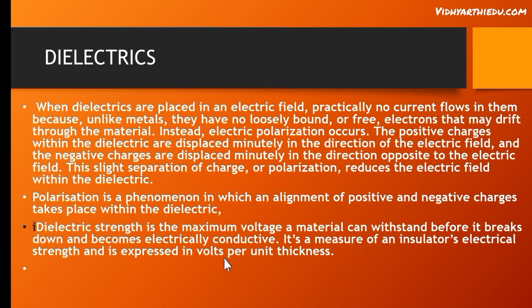But when we apply more voltage for some time, the dielectric will break down and act as a conductor, because whenever more voltage is applied for a period of time, free electrons are produced in the dielectric and current will pass through it. So we can say that it is electrically conductive at a certain point. That applied voltage we can call the dielectric strength.